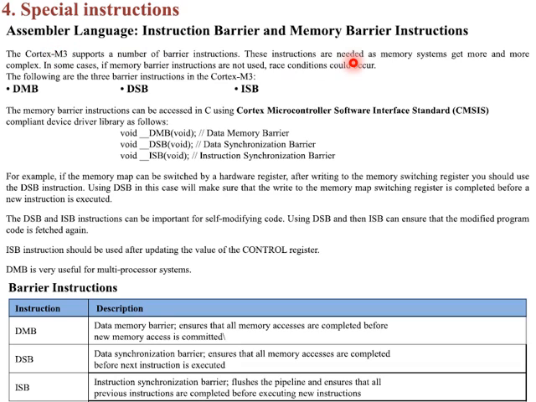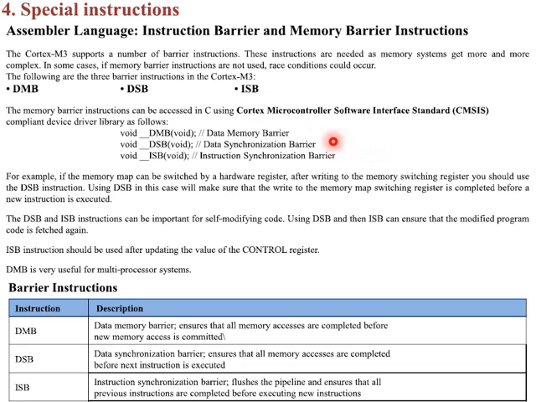The Cortex M3 supports a number of barrier instructions, required for applying certain restrictions in accessing the memory. So how these are used, let us see. The three instructions are DMB, DSB and ISB.